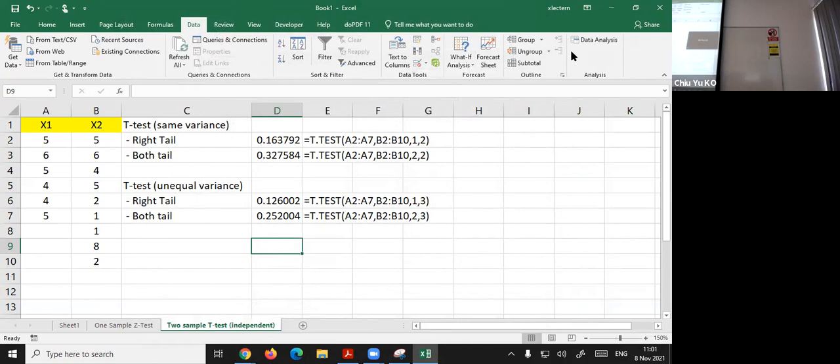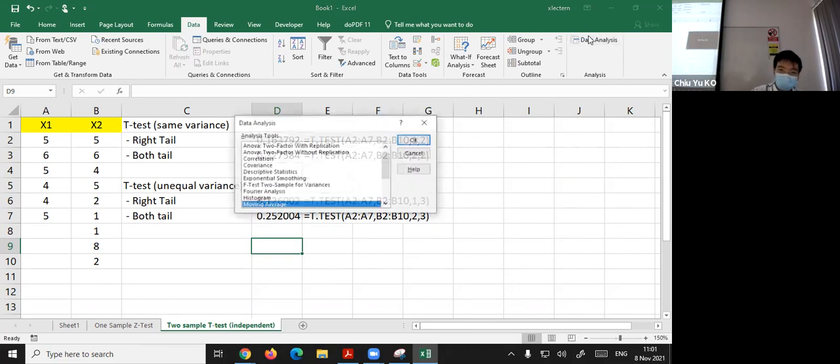Just reminding you, we're doing this again. Is that okay? If that is no problem, what we do is use this Data Analysis to take out the tool.